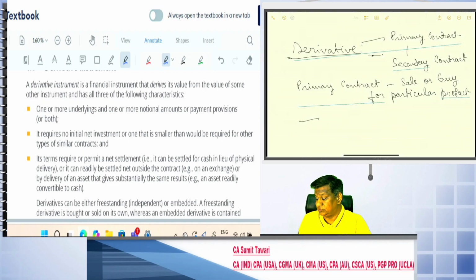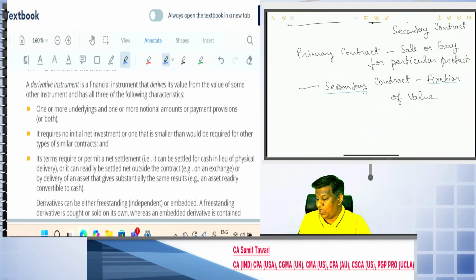The secondary contract is fixation of the value. Fixation of value means I am going to buy 100 ton of aluminium. This is my primary contract.